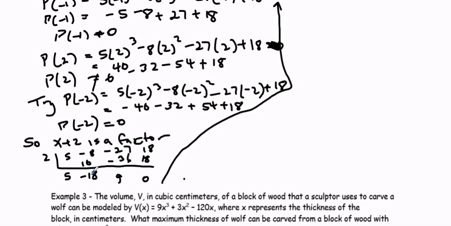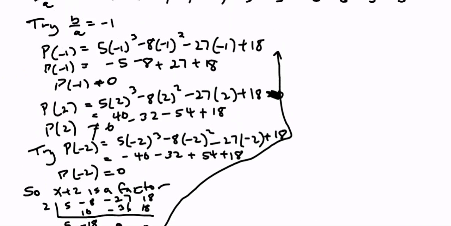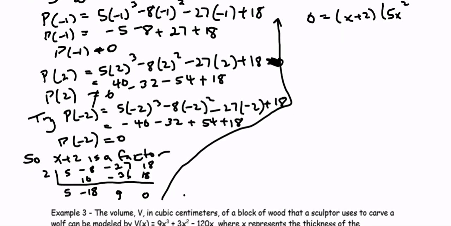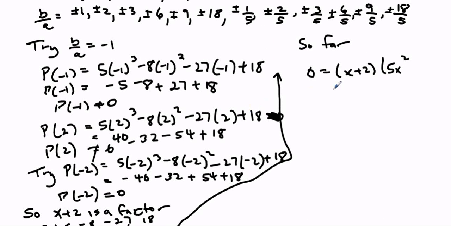So this is my constant, x, and x squared term. So far, I've got that 0 equals x plus 2 times 5x squared minus 18x plus 9.